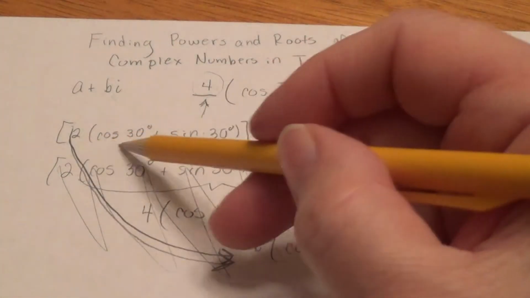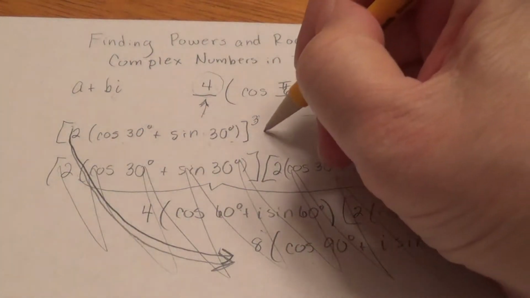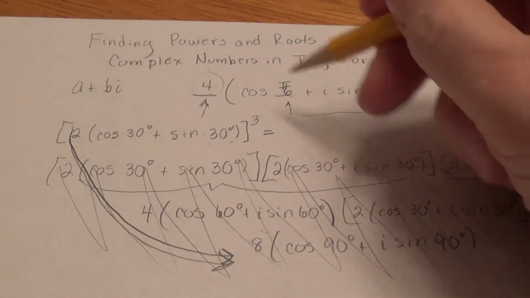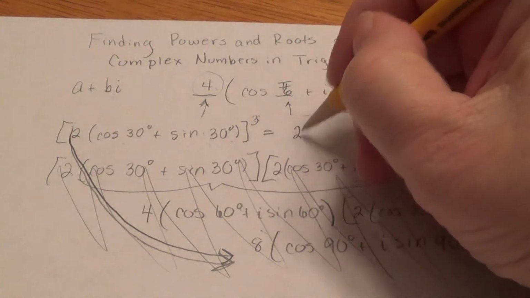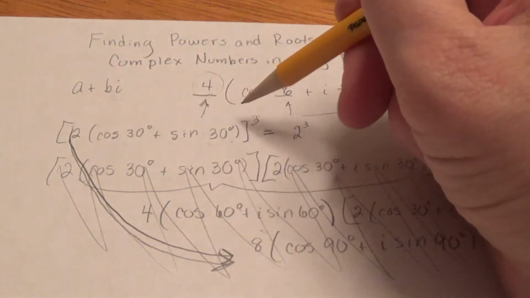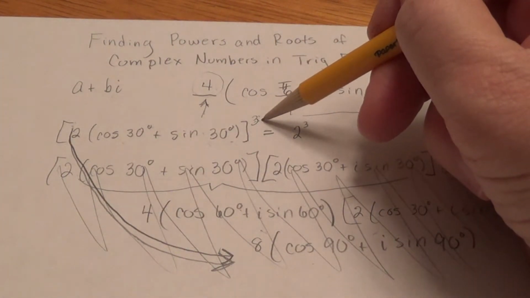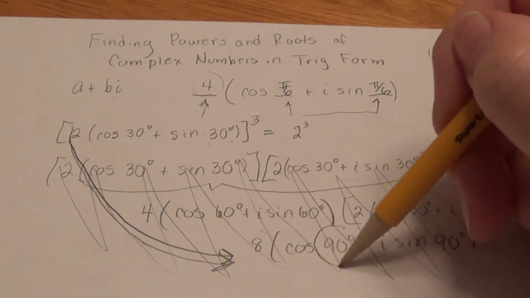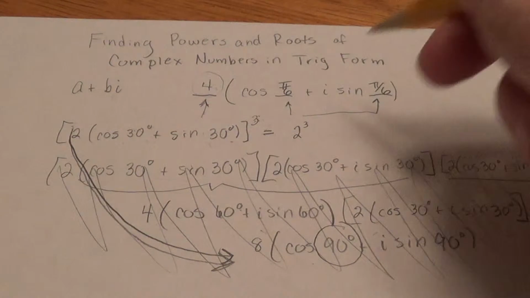And I want to take 2 cosine 30 plus i sine 30 and raise it to the 3. So what I'm going to do is take the modulus and raise it to that number, 2 to the 3. And I'm going to take the angle here. Look, the 30, when we raise this whole complex number to the third, we ended up with a 90. So how could we do that quickly? You can see, I'm sure.